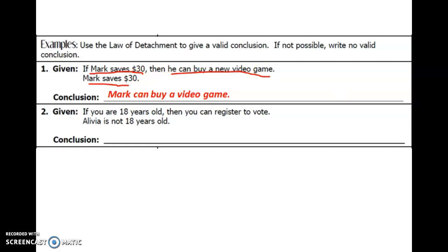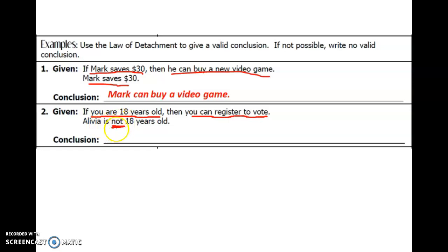So this is a way to validate a conclusion. So number two, if you are 18 years old, so our first part is you are 18 years old, then you can register to vote. Our conclusion, Q. So I need the second given to be that Olivia is 18 years old. But actually they tell us Olivia is not 18 years old.